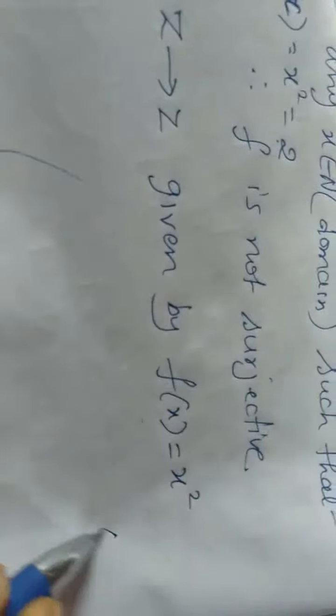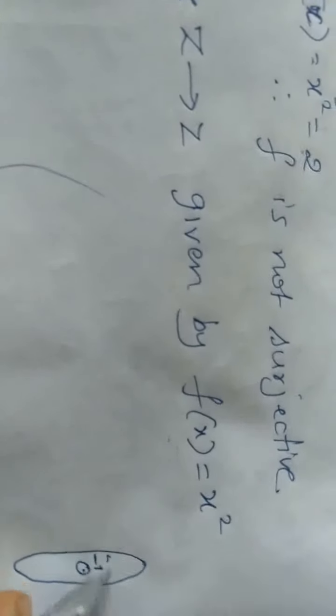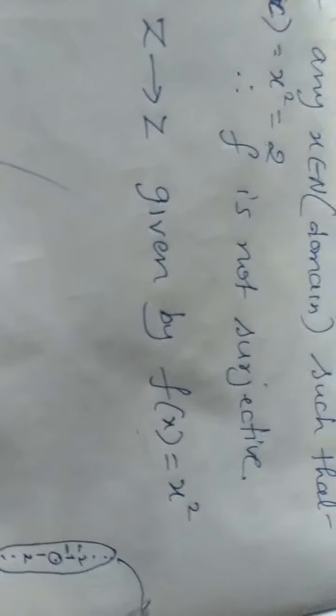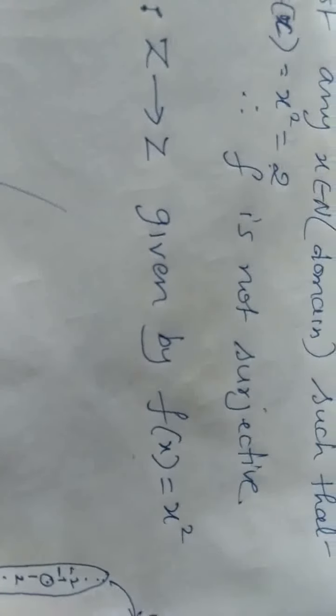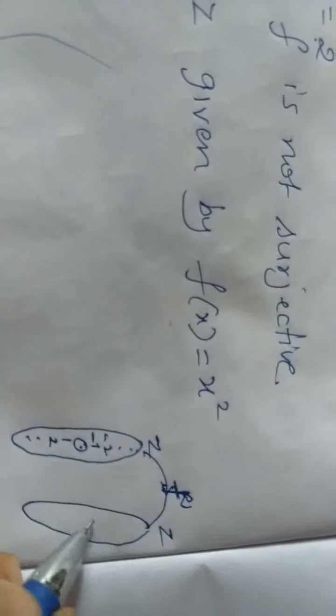Now, integers means it contains 0, plus or minus 1, plus or minus 2, like that. Your function f from Z to Z. This is just to analyze the problem. No need to draw it in your exam.